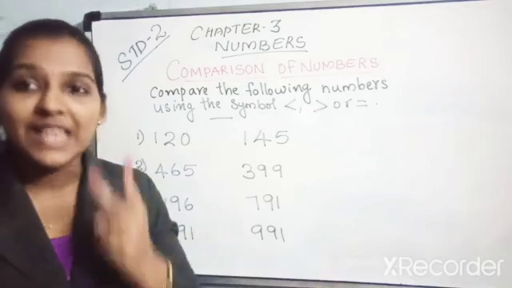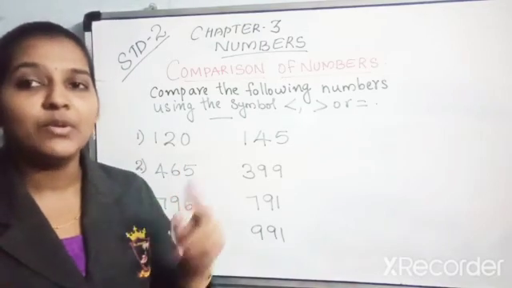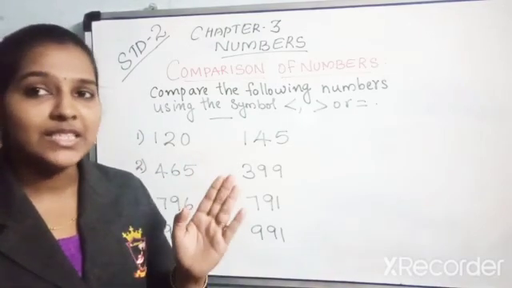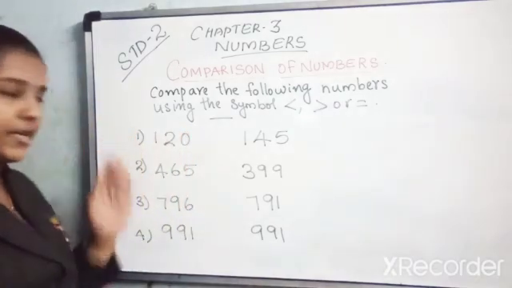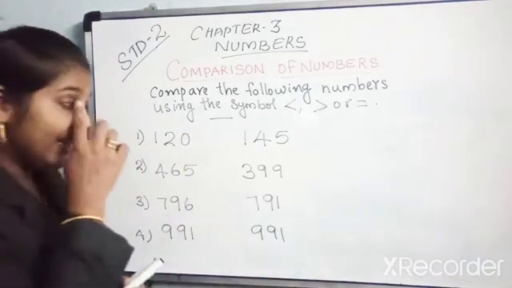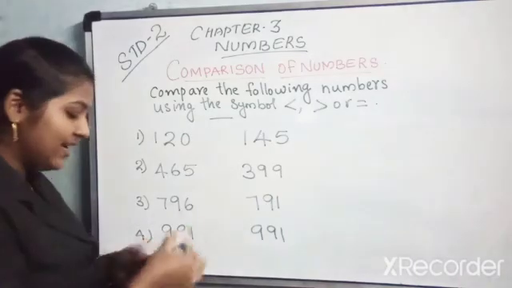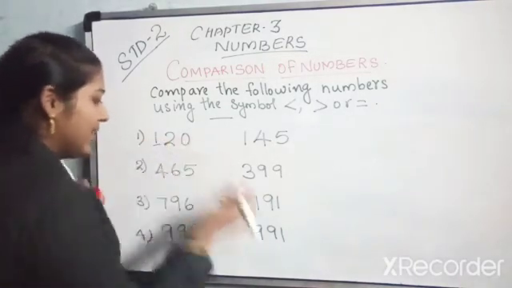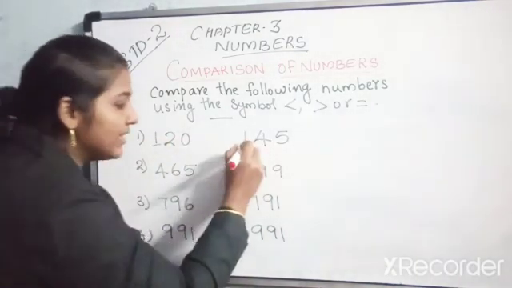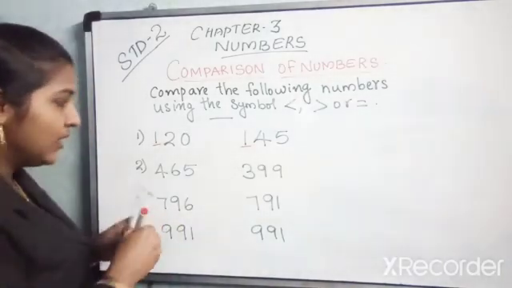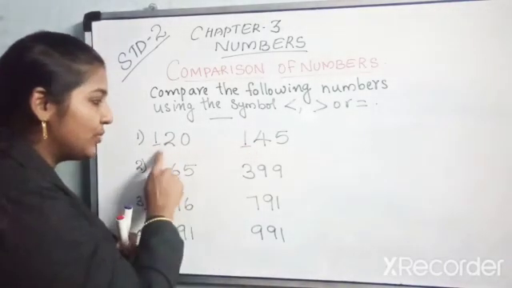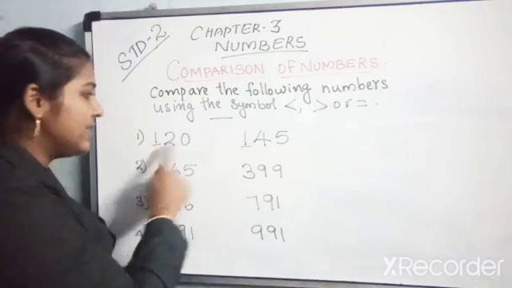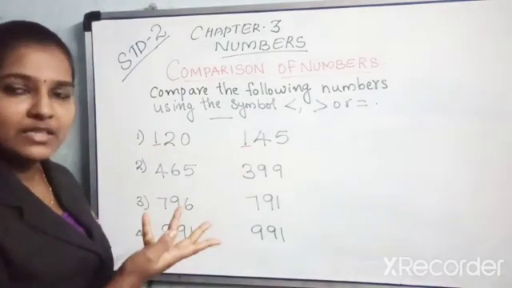The second step is you have to compare the digits on the leftmost side. Here the leftmost digit is 1, and in this number it is also 1. So you compare these two digits. It is 1 and 1. Both are same.